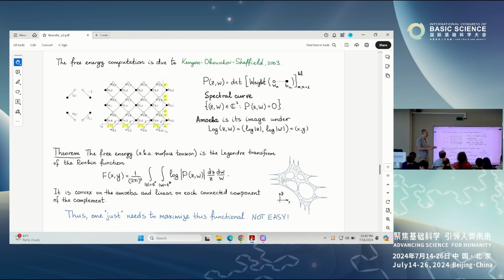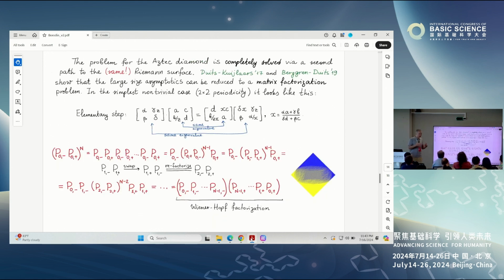So there are separate analytic tools that one can employ, and people are on top of that. But even if one manages to do that, it's still not clear how to produce that solution, even for the simplest domains. So the advantage in choosing a domain like the Aztec diamond is that it has additional algebraic structure behind it that allows one to get the solution out from something else.